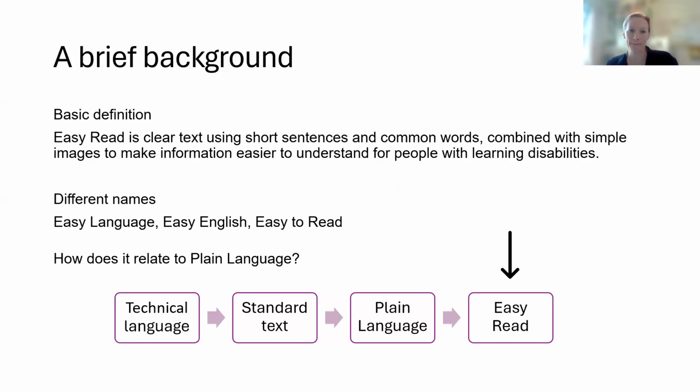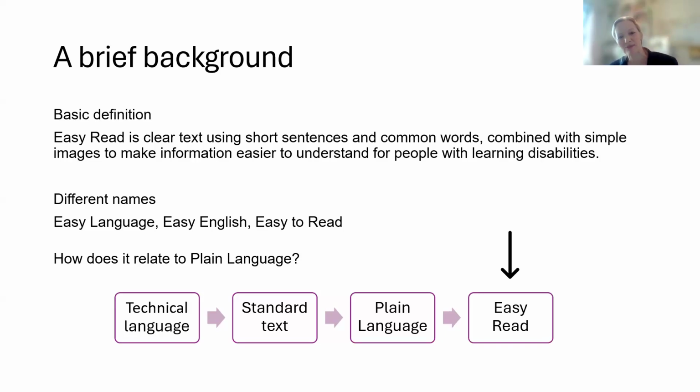There are different names used for this sometimes. In Europe, it's called easy language quite a lot. I think there's a couple of other countries that say easy read. There's easy English, which is a type of easy read in Australia. And there's easy to read, which is quite often confusingly used as an umbrella term for easy read and plain language. So it's confusing.